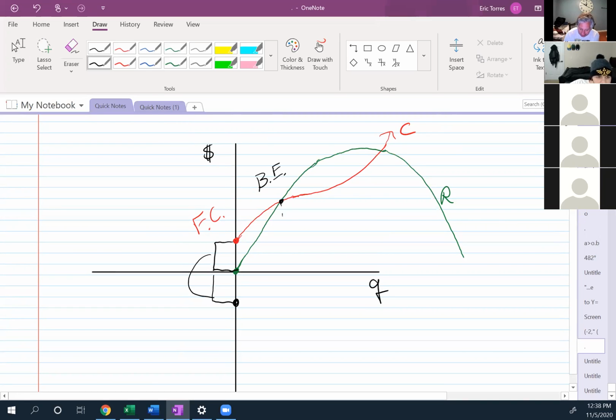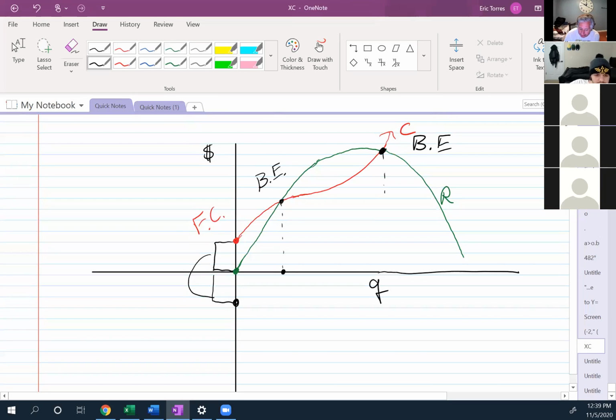So for that quantity, what I'm saying is the amount of money that went out of my pocket is exactly the same amount of money that went into my pocket. Revenue and cost are equal at this amount. What's interesting is over here is another break-even point.